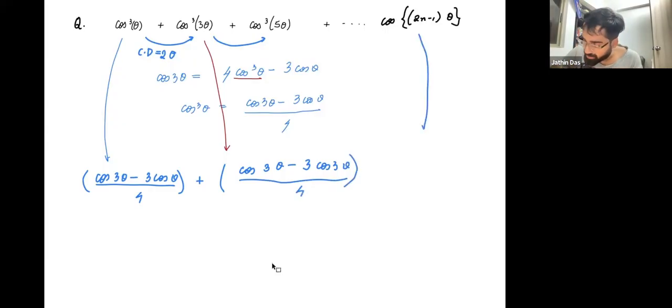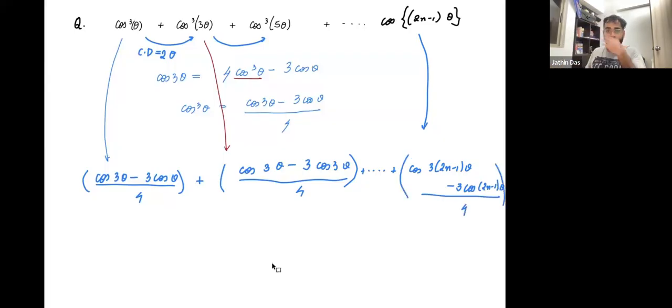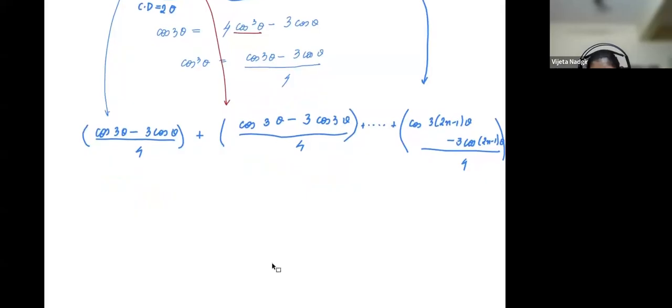Like that, dot, dot, dot, the last one will be cos 3(2n minus 1) theta plus 3 cos (2n minus 1) theta by 4.